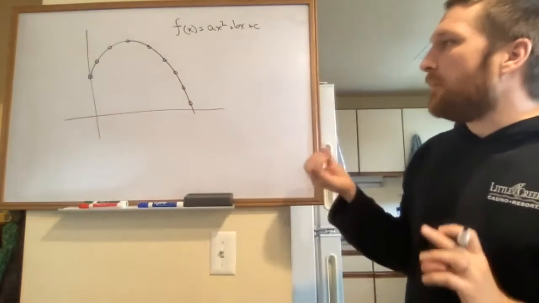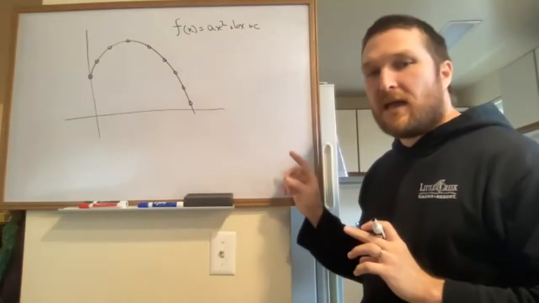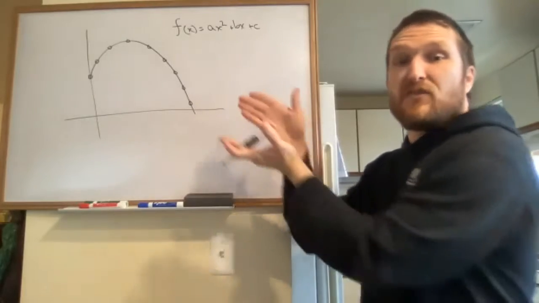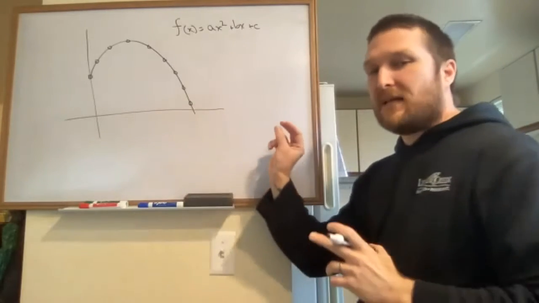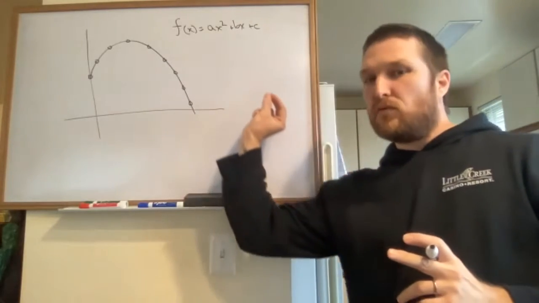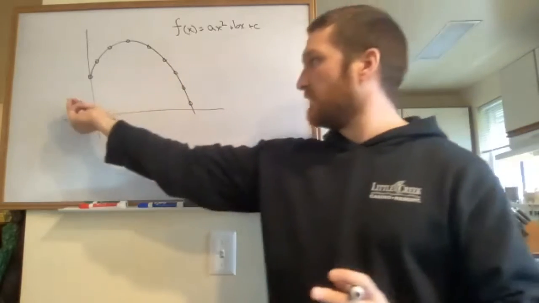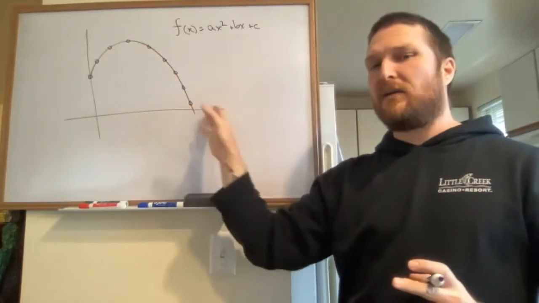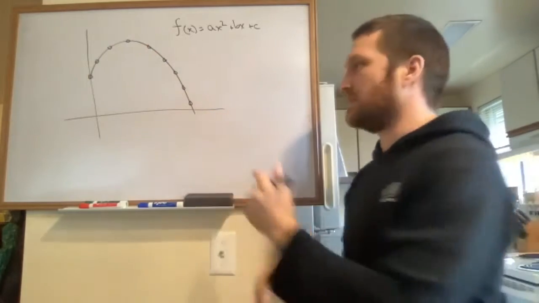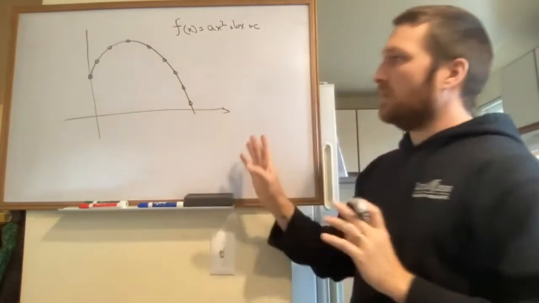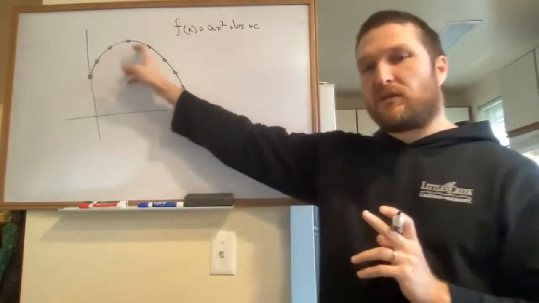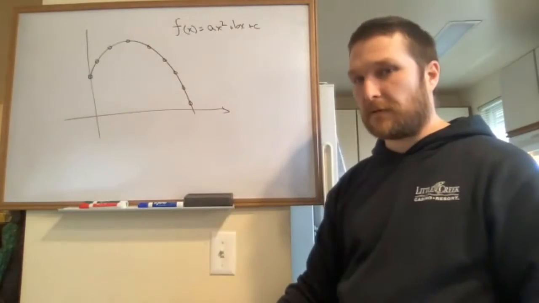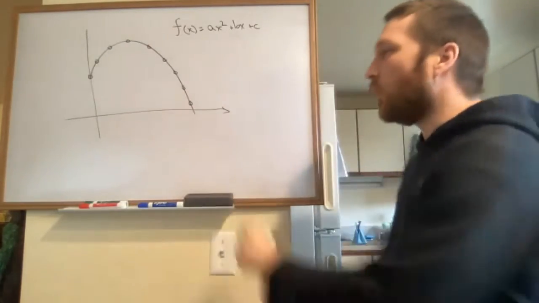When we're talking about a ball being thrown into the air, and there's a parabola that describes it, it's not that the ball is moving through space like this, that it's moving up and over and then coming back down, and somehow this thing here gives you the position of the ball. That is not what's going on at all.